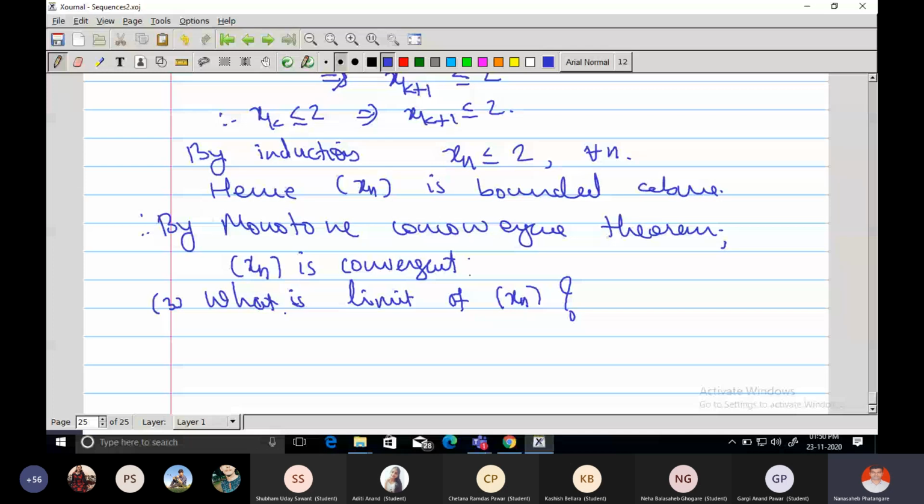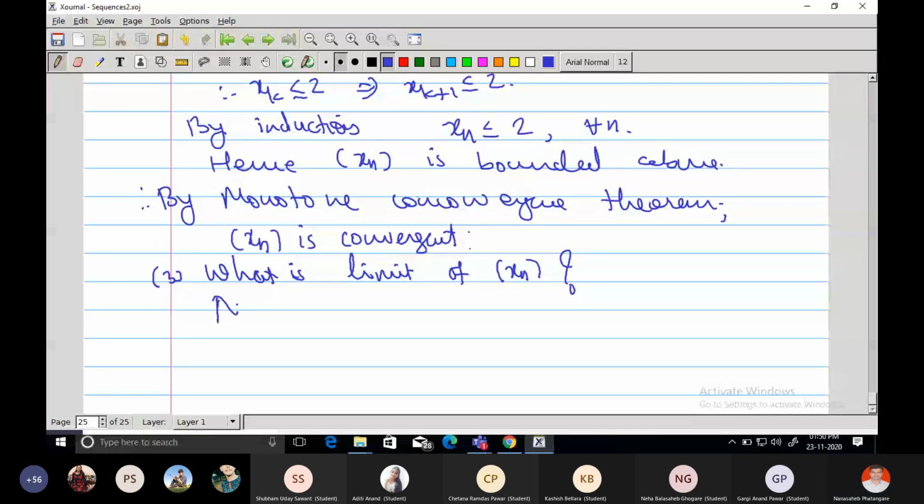So note that, the limit as n tends to infinity of xn and the limit as n tends to infinity of xn plus 1. Can we say the limit is the same?